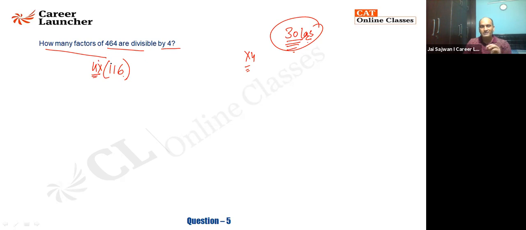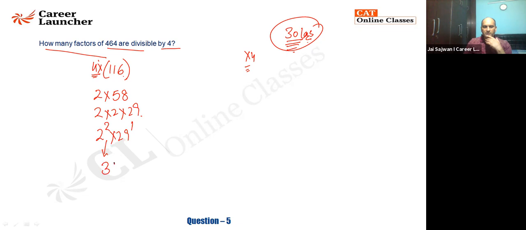Don't take it inside and do the factorization. I know it is a multiple of 4. Any number which is a multiple of 4 is divisible by 4. So what do we do with 116? I will say it is 2 into 58, then 2 into 2 into 29. So that gives you 2 square into 29.